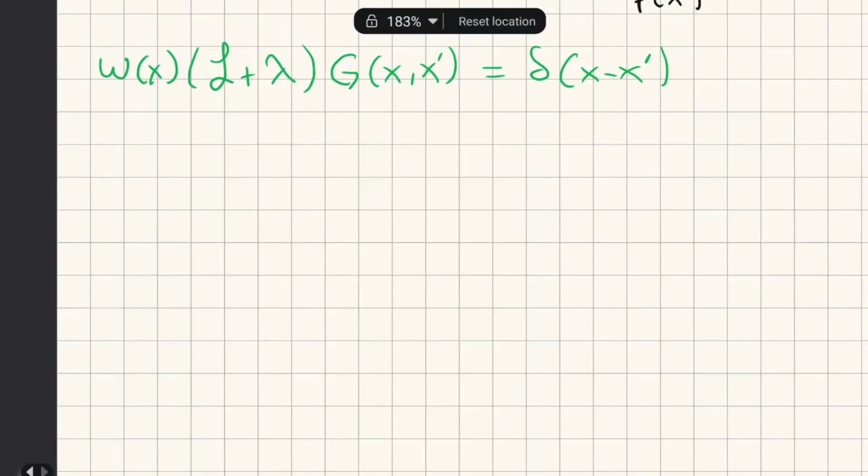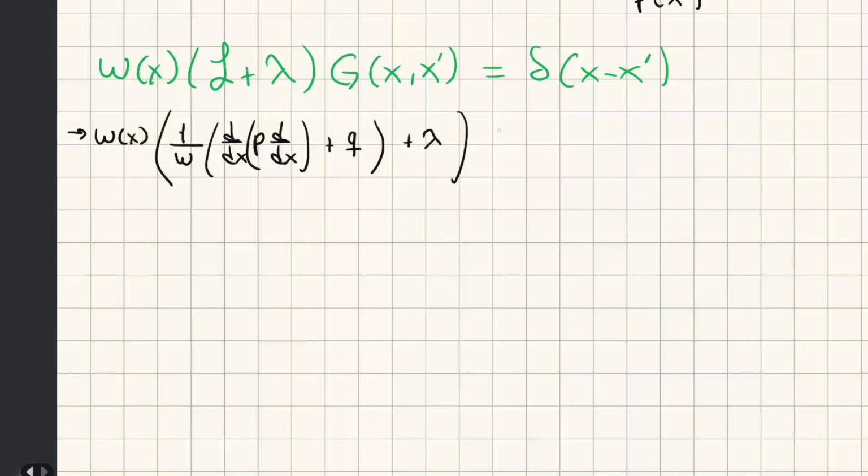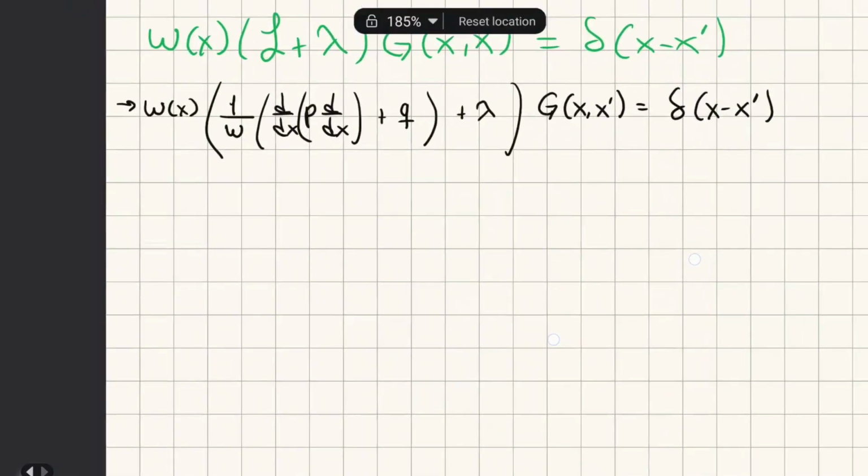Okay, so we start from here, and this is going to be w of x times 1 over w, the derivative with respect to x of p times the derivative with respect to x, and then plus q plus lambda that multiplies g of x, x prime, and this is equal to the Dirac delta of x minus x prime.